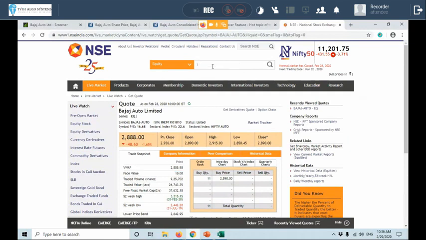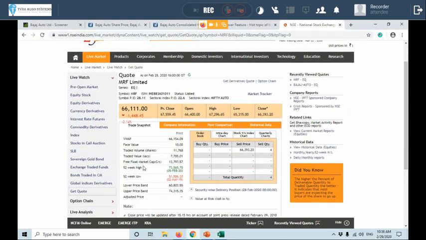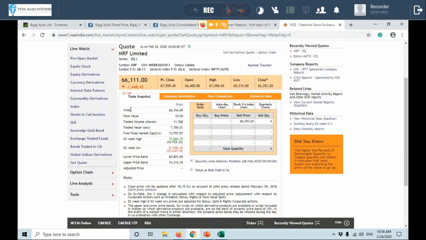I'll give you the example of MRF. Its stock price is 66,111. To buy one stock, you need 66,000 rupees. Obviously, it is not possible for each and every retail person, or most people, to buy this stock at 66,000.